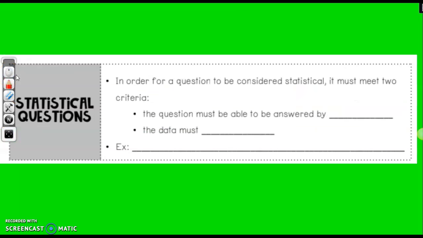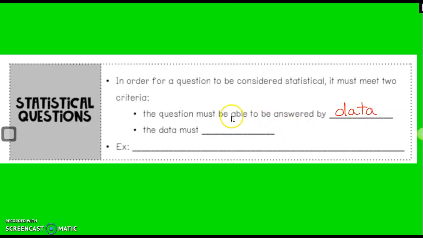So let's see. All right, for something to be statistical, it has to meet two criteria. The question has to be able to be answered by, what do you think it has to be answered by? Well, what have we been talking about? Data.